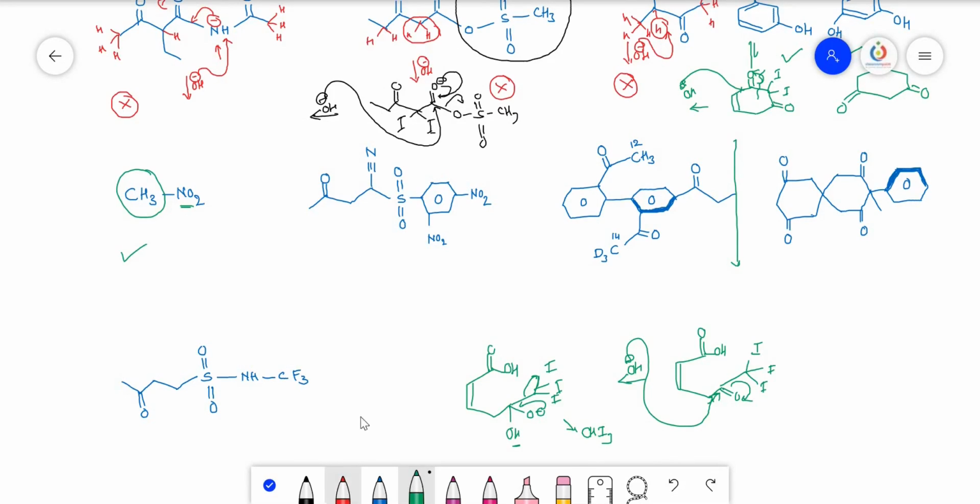And in this case, when this molecule tries to react with the OH minus, we can see different types of hydrogens, more labile hydrogens, are present. Among these hydrogens, this is the more acidic proton. Why?